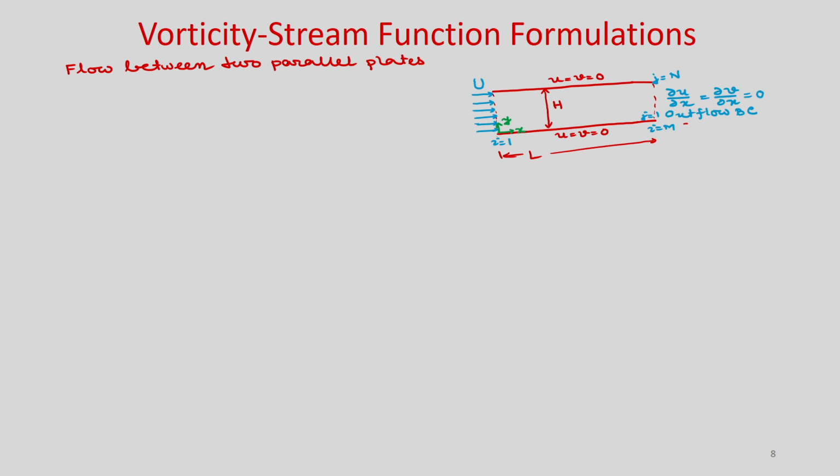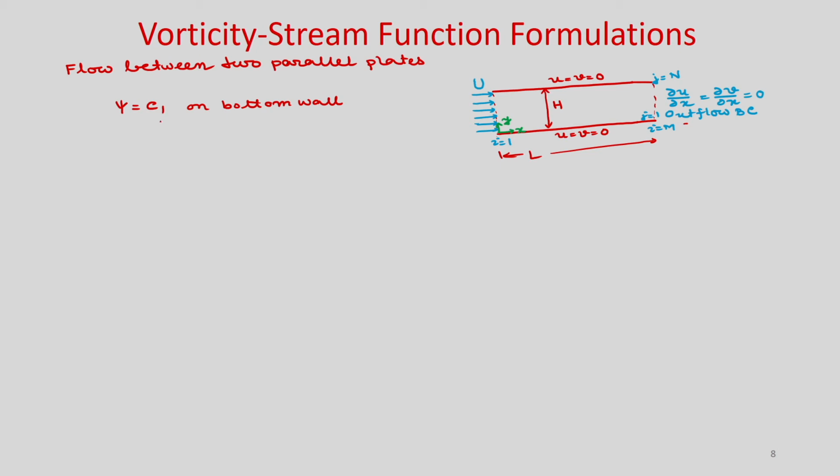Now, psi again we can consider some constant value on the bottom wall. So, psi is C1 on the bottom wall. You can find that from the normal velocity. The normal velocity is v equal to 0, that means del psi by del x is 0, so psi will be constant along x.